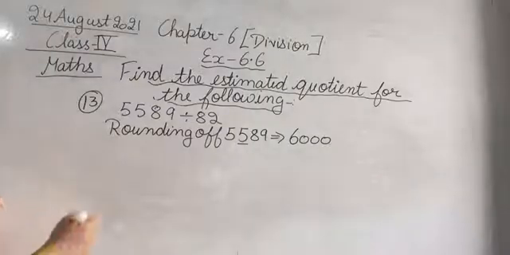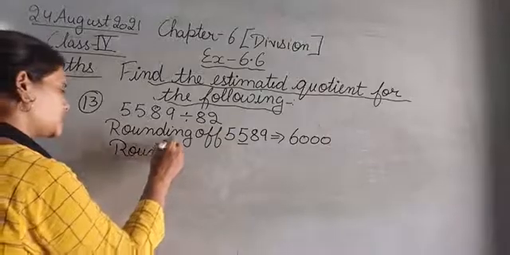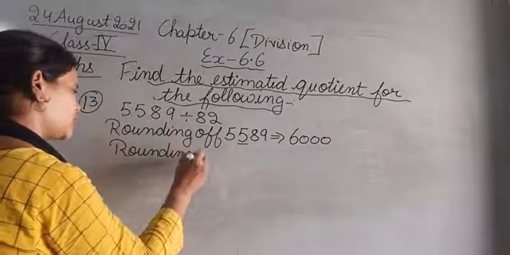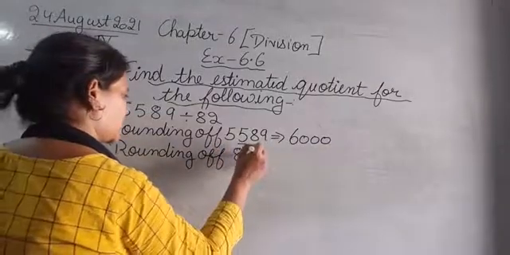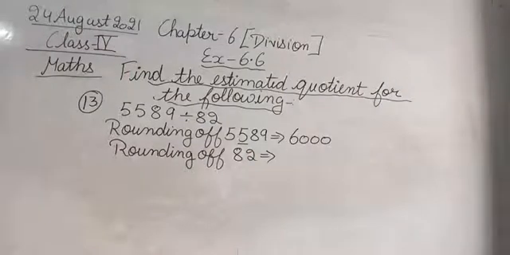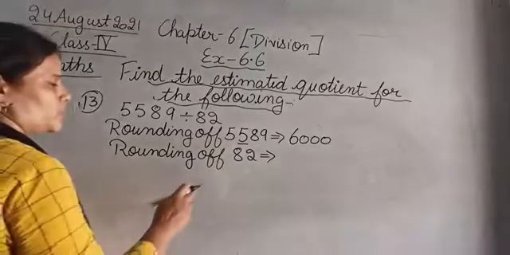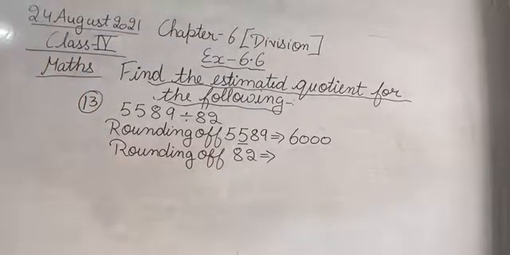Next, rounding off 82. So 82 is a 2-digit number, so the highest place value is tens. So we will round it off to the nearest tens. That means we are going to observe the digit at ones place.